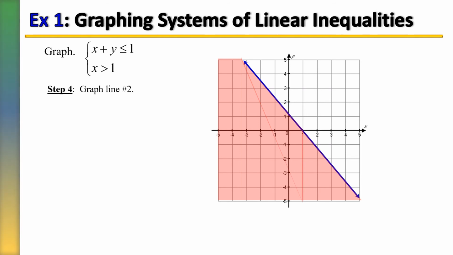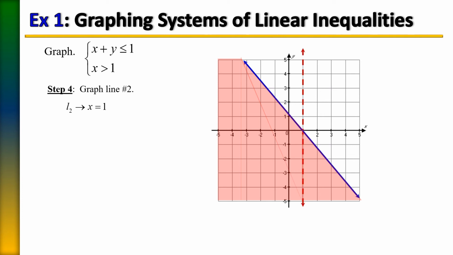So our second line, x equals 1, meaning you're going to sketch, and notice it doesn't have a line underneath it, so it's a dashed line passing through the x-axis at 1. That's going to be a vertical line.